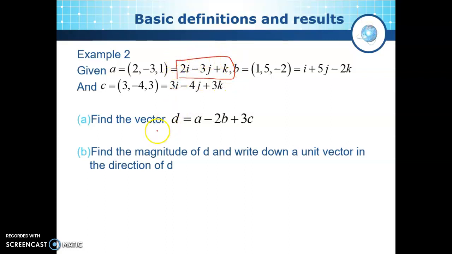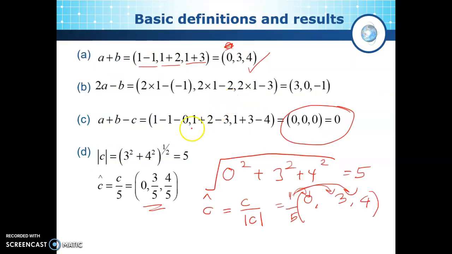Okay, so the vector D equals A minus 2B plus 3C. How to find it? First, you just multiply 3 with C. 3C, what is it? 3 times 3, negative 4, 3. You just put i, j, k, and then 2B, you multiply 2 times B. B is 1. Oh, sorry.